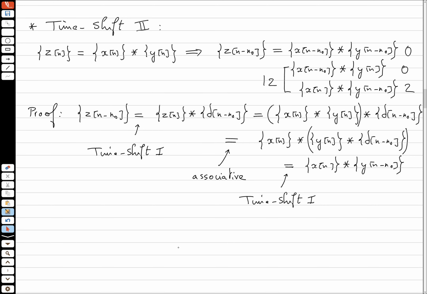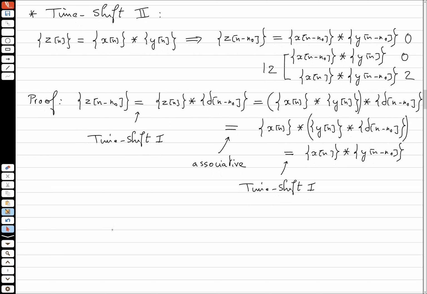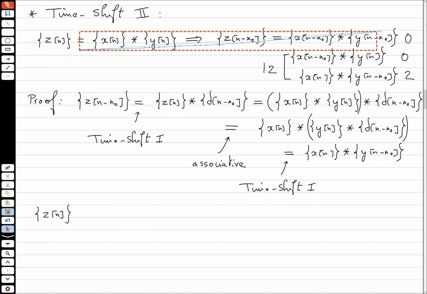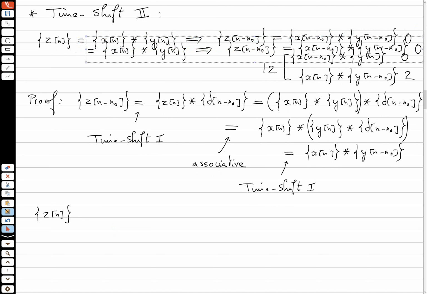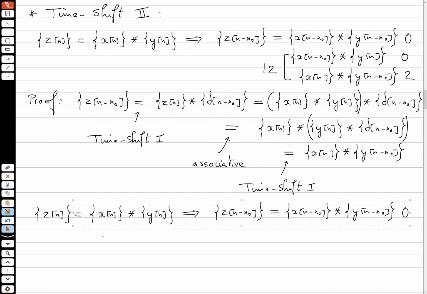I could restart this, but I prefer to use another original proof, which is to write that by commutativity, I also have, so I also have, I have commuted.